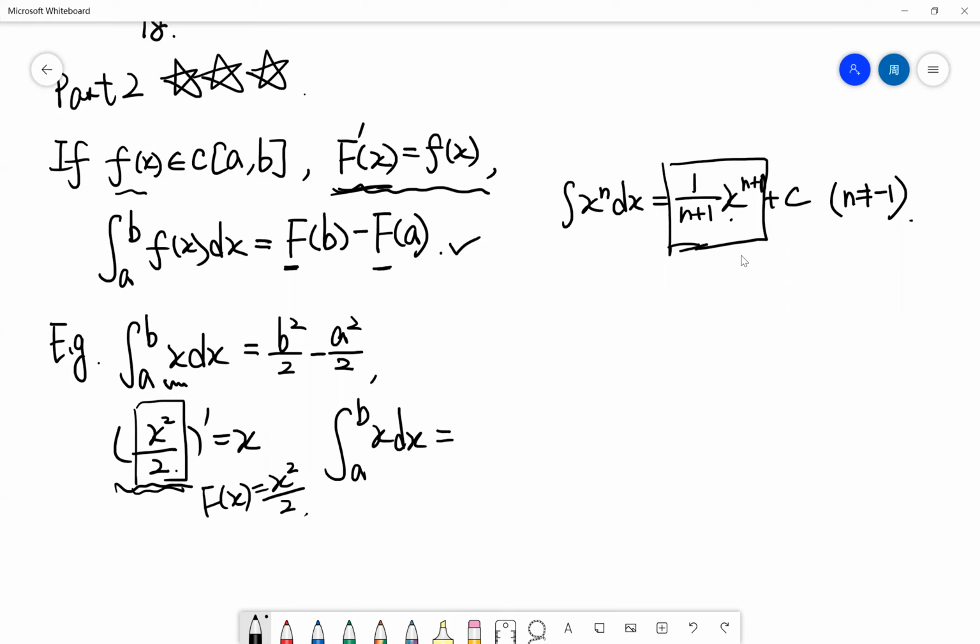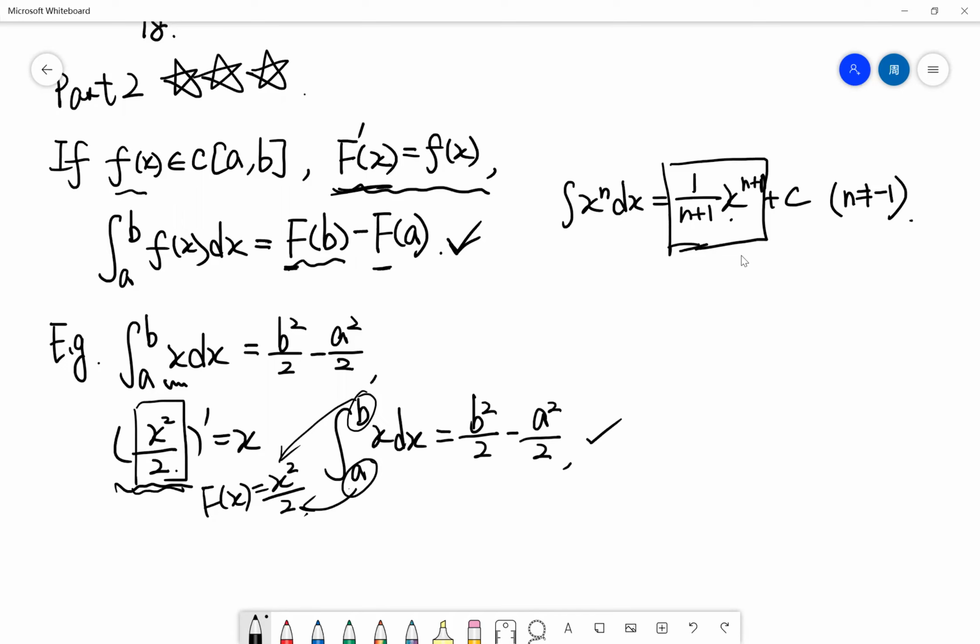So from the formula, first, we substitute the upper limit into this function. So that is b squared by 2. And then minus the lower limit you substitute into this function, that is a squared by 2. So as you can see, we can also get the result from this formula without drawing the graph.